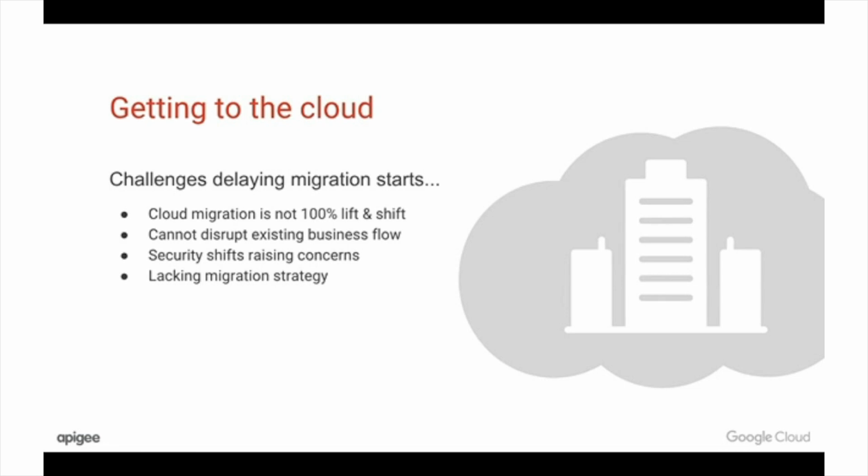While you are doing those lift and shift and other strategies, you cannot disrupt your business flow. Moving to the cloud also raises a whole bunch of new security issues and concerns. Previously you might operate inside a network and now you are going outside of a network to your cloud, which opens up brand new security challenges, so you have to address those.